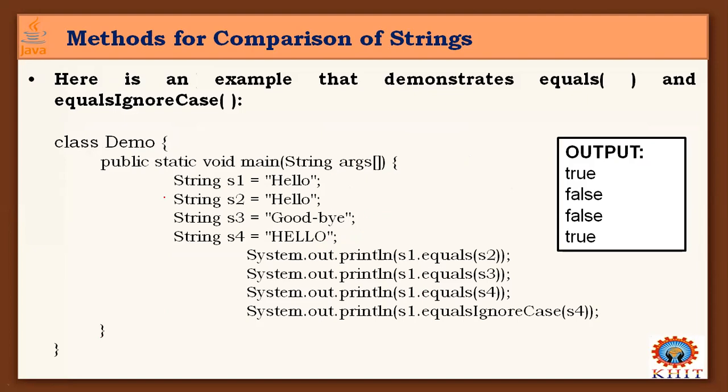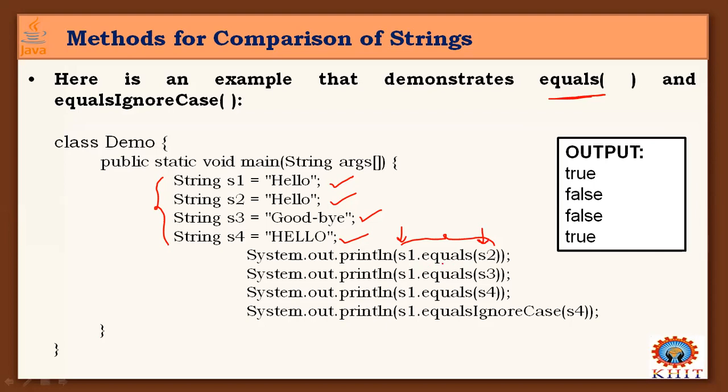Here I have taken a set of strings: s1, s2, s3, s4. s1 is initialized with "hello", s2 with "hello", s3 with "goodbye", and s4 with uppercase "HELLO". I first call the equals method. Observe carefully: s1 is an object, dot equals, s2 object.